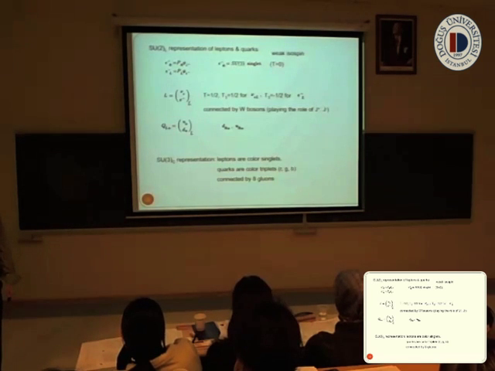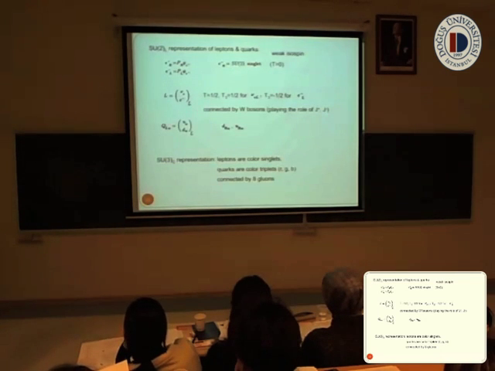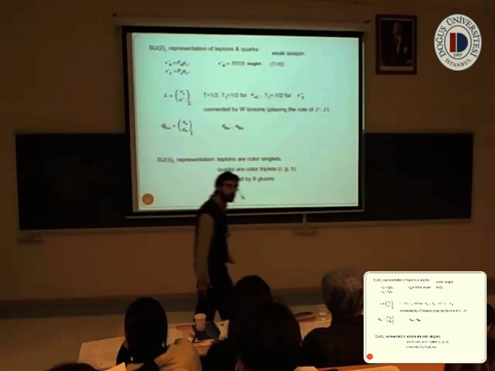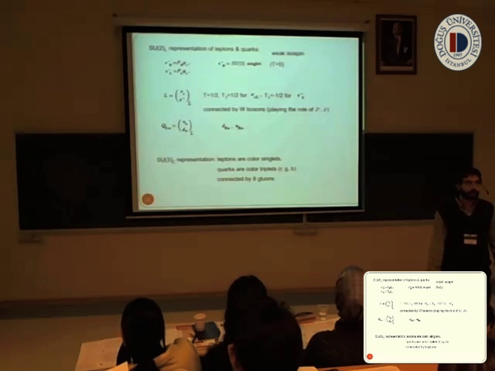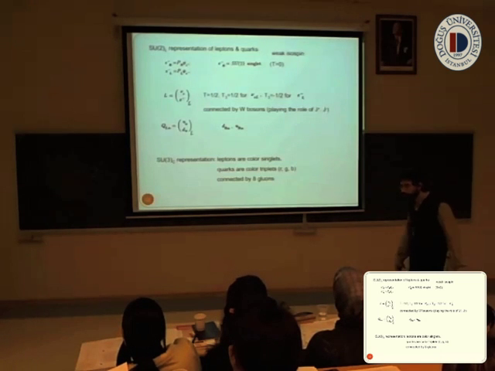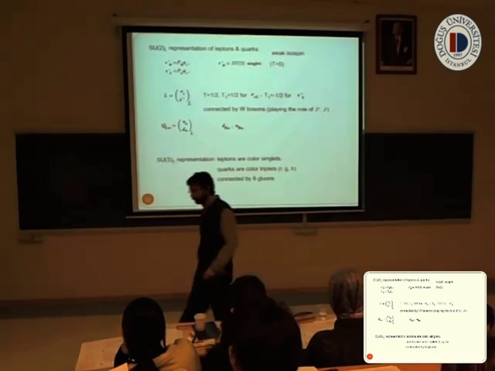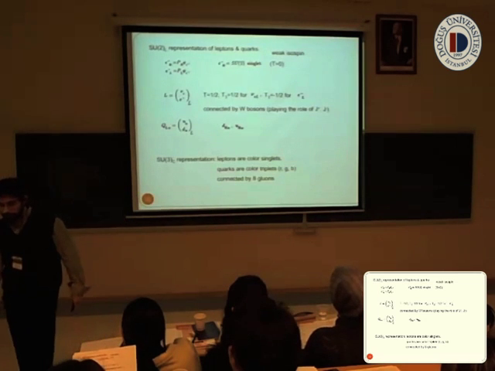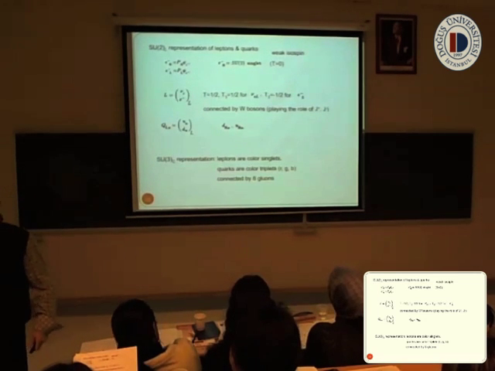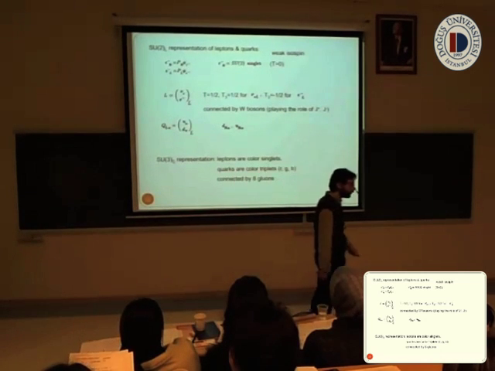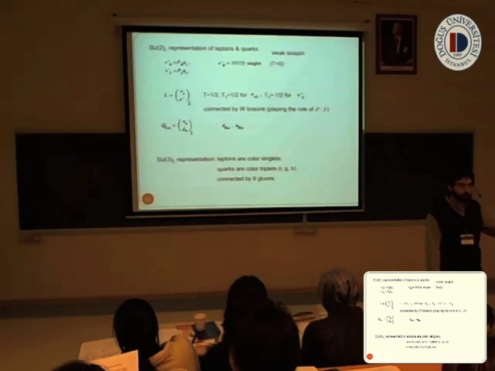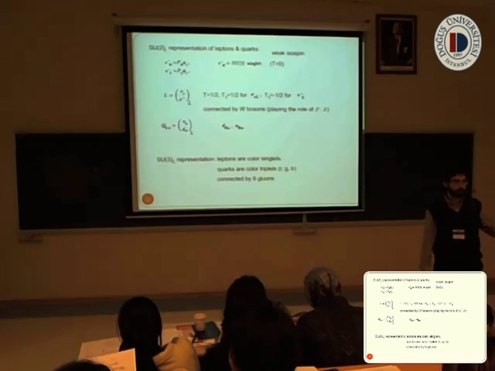Questions? How can we determine from experiment that the right-handed parts are singlets and the left-handed parts are doublets? Yes, even before people thought of W and Z bosons, there was the Fermi theory of weak interactions, just a four-fermion theory.